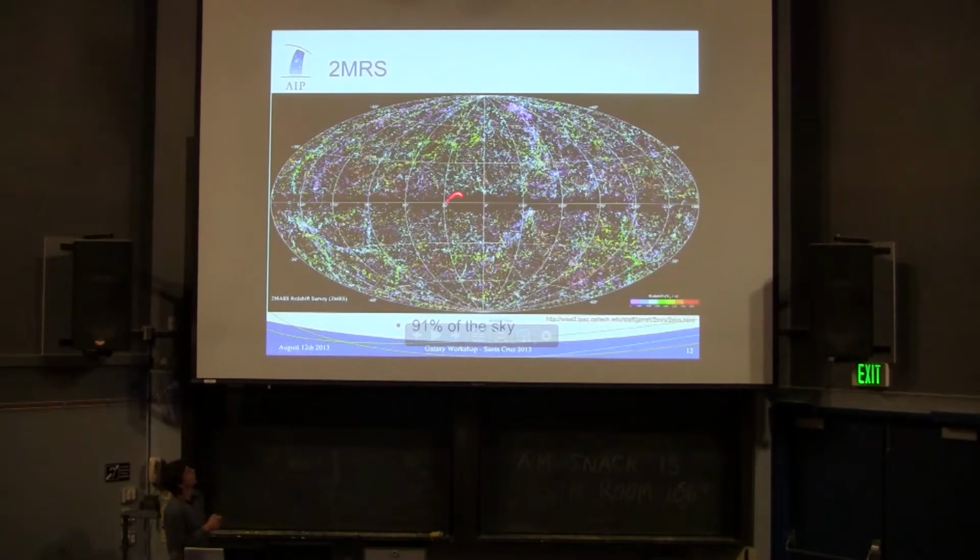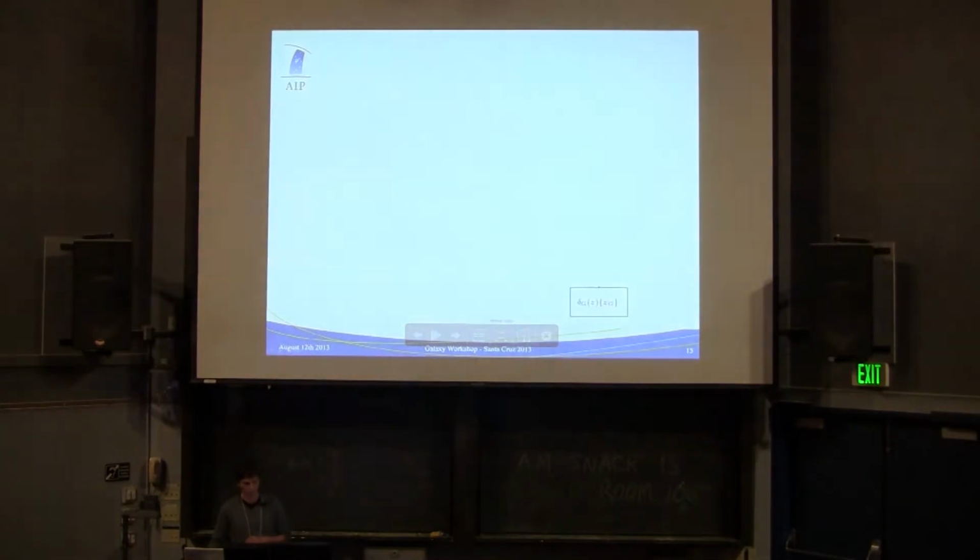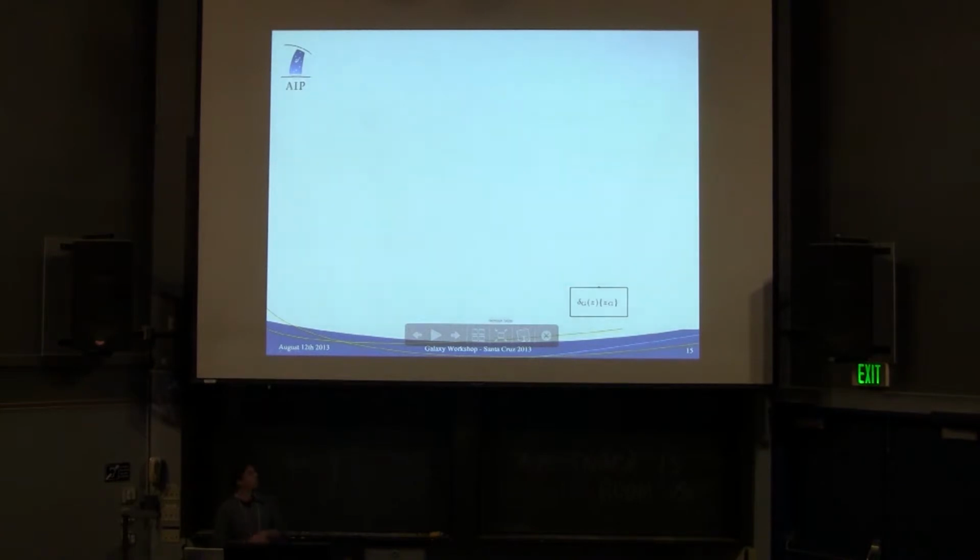It's just a small zone of avoidance from the galactic disk, which obscures a few. Otherwise, it's very complete in the infrared. So from those galaxy catalogs, we have our galaxy positions in redshift space. This is our starting point.